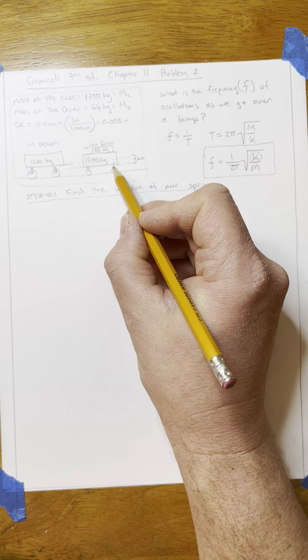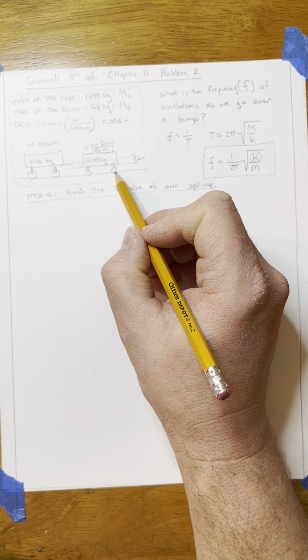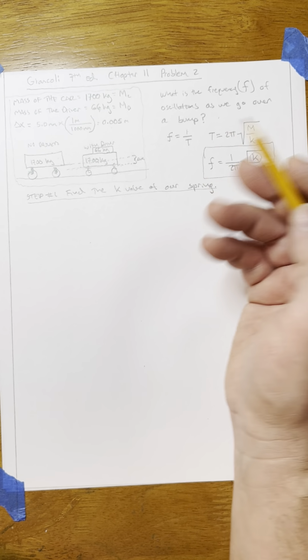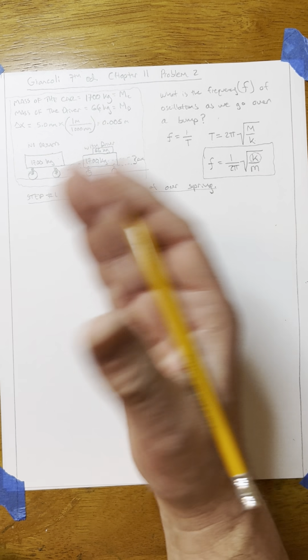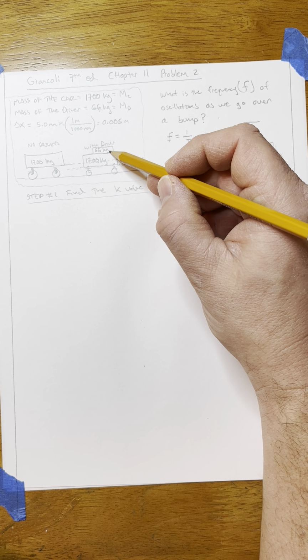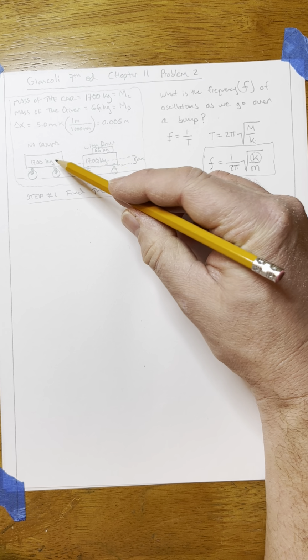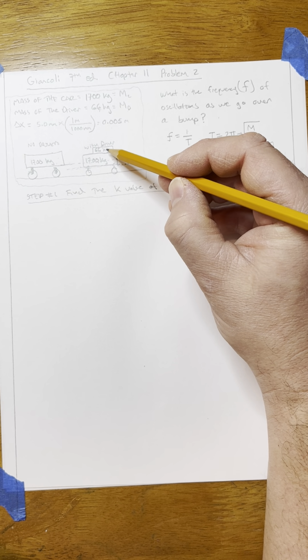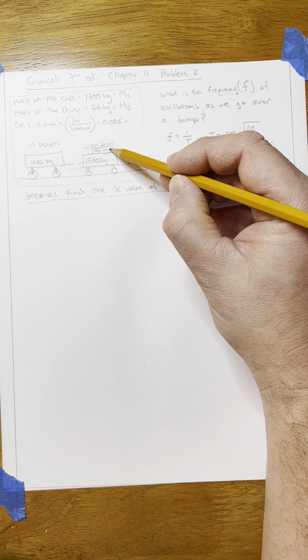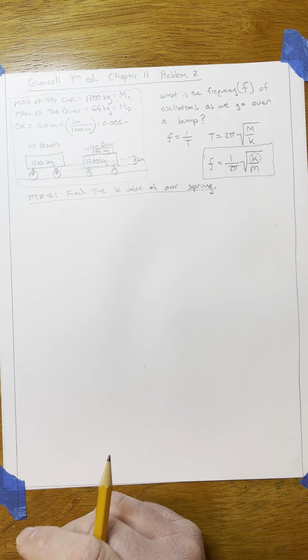And so the upward spring force and the downward force of the driver can be set equal to each other. If you think about what's causing this change in distance, it's the addition of this 66 kilograms. So any change in the spring force from this position to this position is going to be equal to this 66 kilograms.